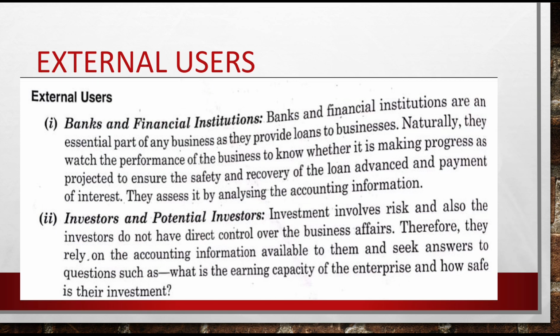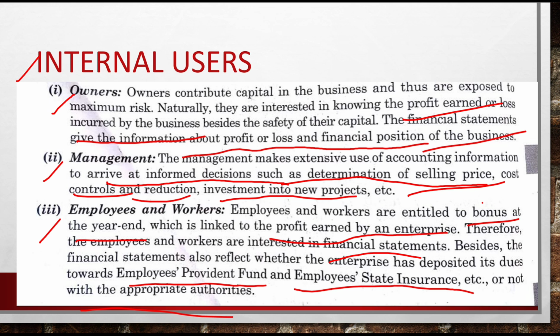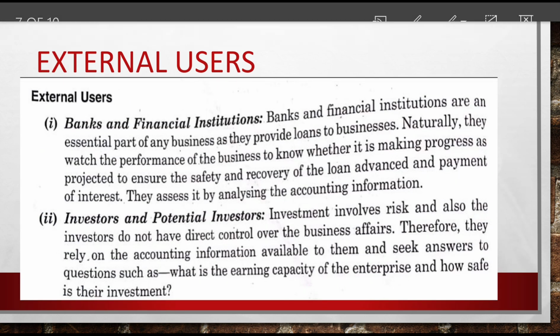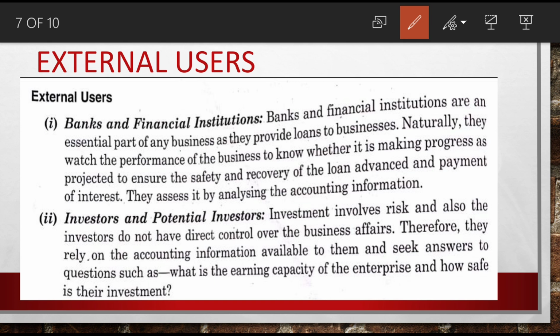Next, external users. Different external users are there. The first one is banks and financial institutions. Why do we depend on banks and financial institutions? For getting loans, isn't it?